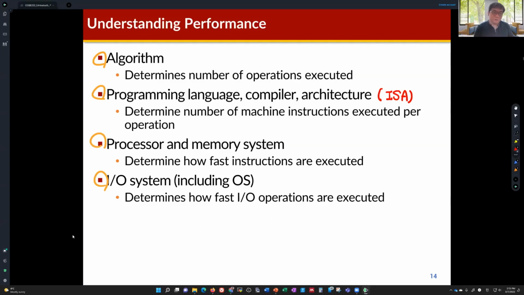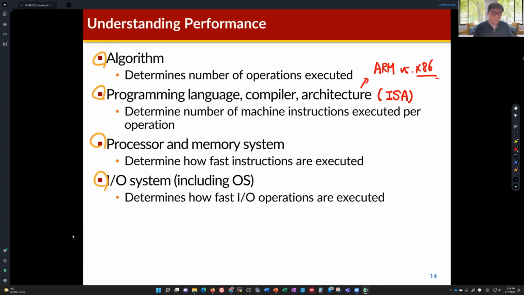And architecture. Architecture means the instruction set architecture. That means you can compile the same program for the ARM architecture or x86 architecture. So if different architectures are applied to the same application, the performance can be different.